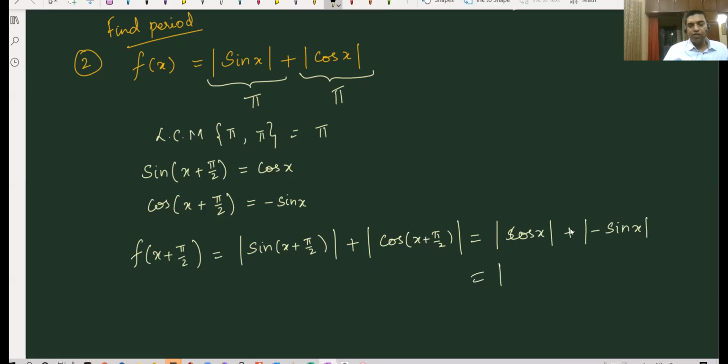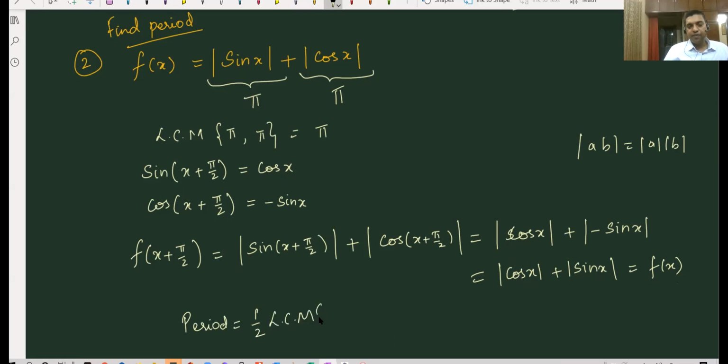Modulus of AB is mod A into mod B. So mod minus 1 into mod sin x, so it will be sin x. It is the original function. So although by LCM this is pi, your period here will be half of the LCM of the two periods. So it is pi by 2, because sin x and cos x are complementary.